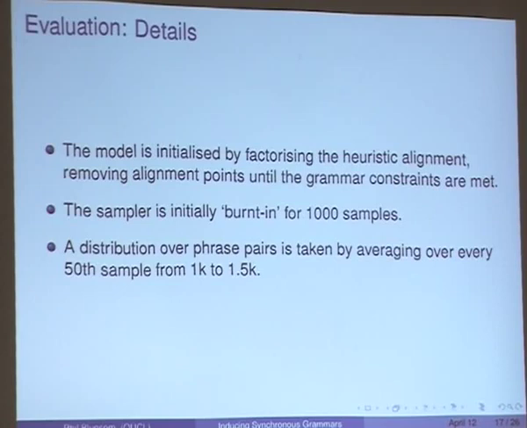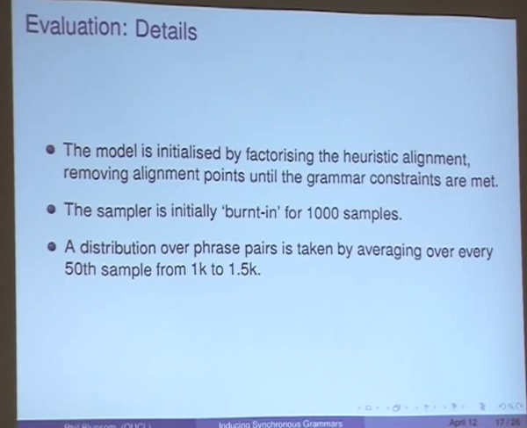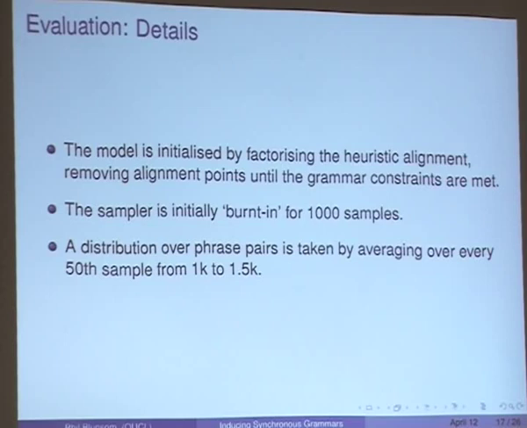We just throw those samples away, and that moves us away from our starting point and gets us into the good part of the distribution. And then for the next 500 samples, we collect samples and use those to estimate a distribution over translation units. And finally, we use those translation units in an existing MT decoder.